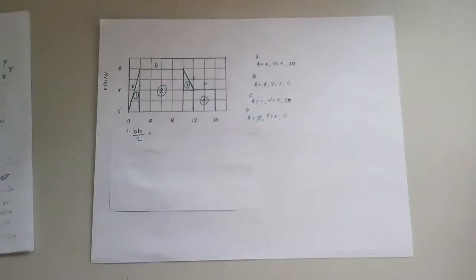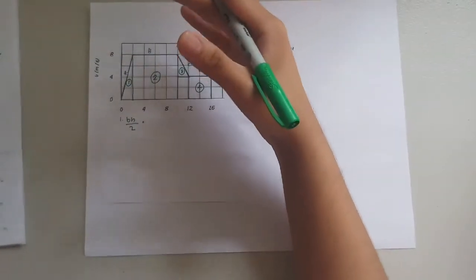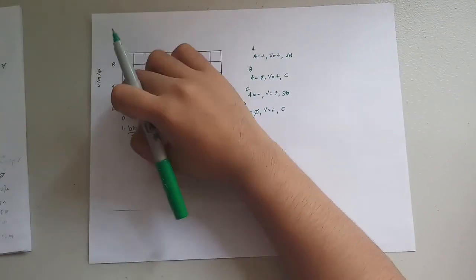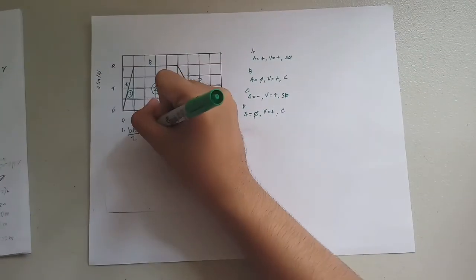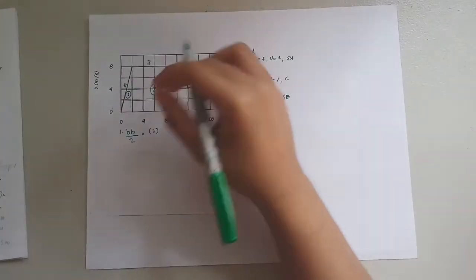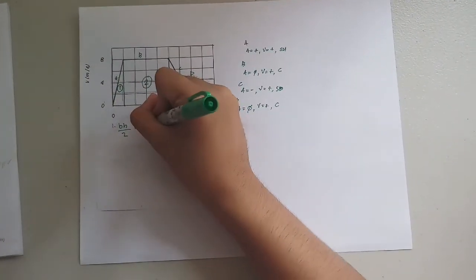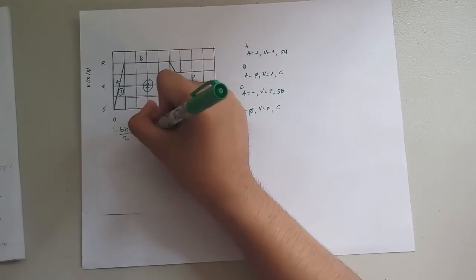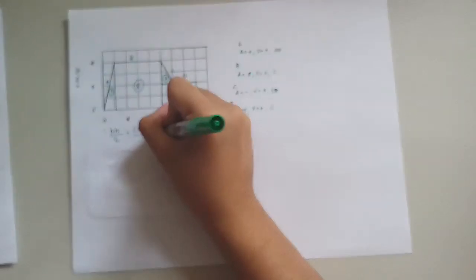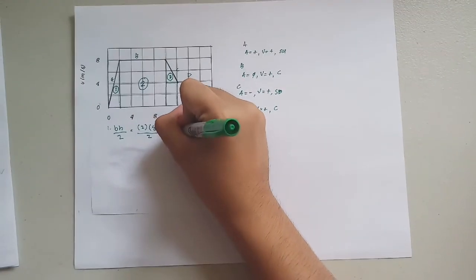B is the base and H is the height. The base of number 1 is 2, and the height is 8. Divided by 2, we get 8 meters.